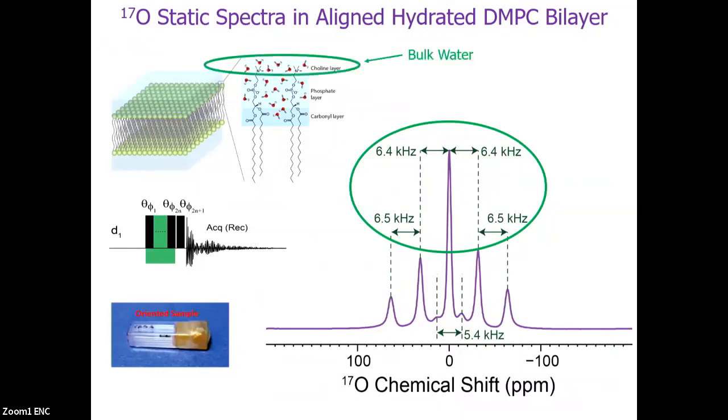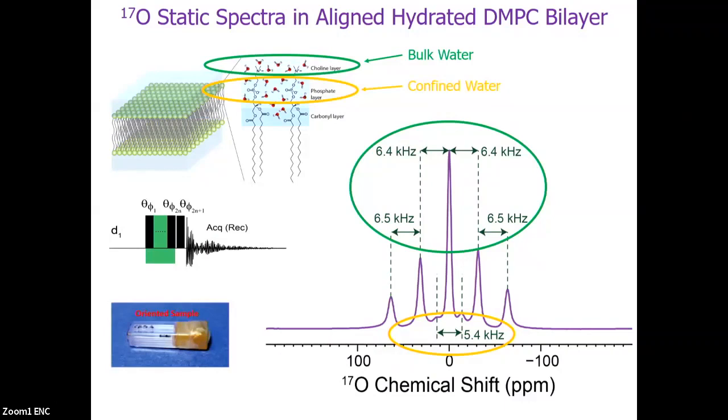This agrees with the bulk water not being pure water-like. There is a small RQC in the bulk water. Interestingly, we also observe a small additional RQC, about 2.7 kilohertz, and this has a smaller population. Again, this agrees with the MS results for the confined water.